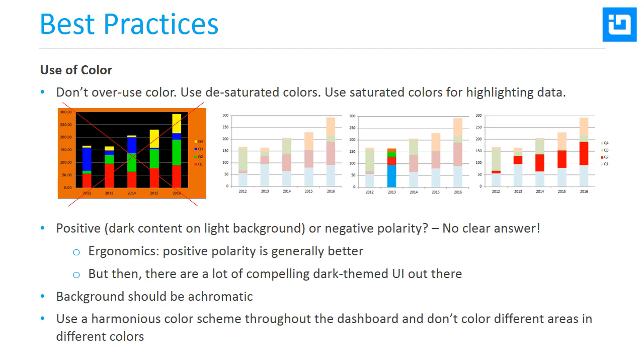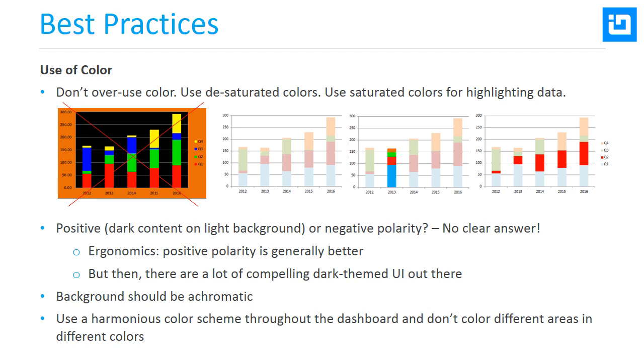So instead, we want to use desaturated colors that are lighter on the eyes, but still separate enough between the hues. And when we do that, it gives us the chance to use saturated colors more for highlighting data. So here I highlight this particular year, or here I highlight all the Q2s of all the years. It works well.